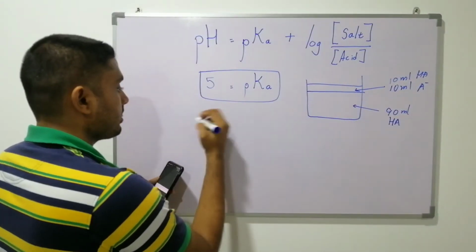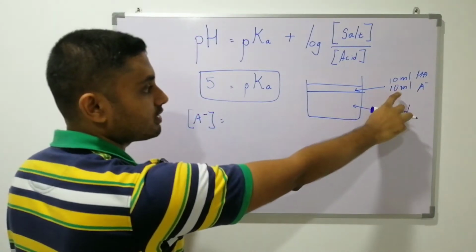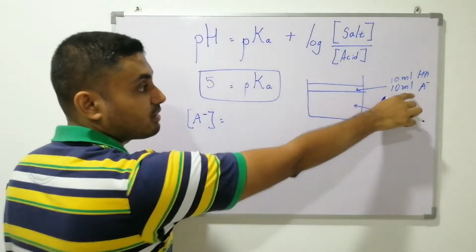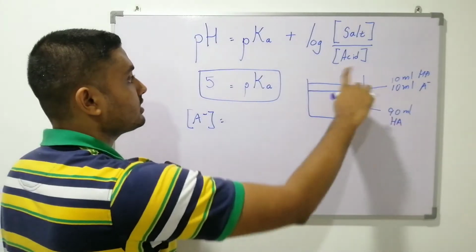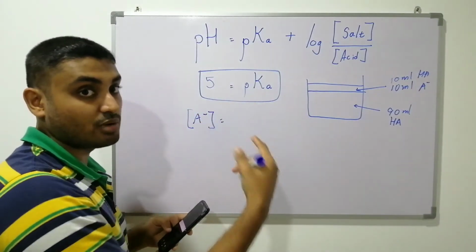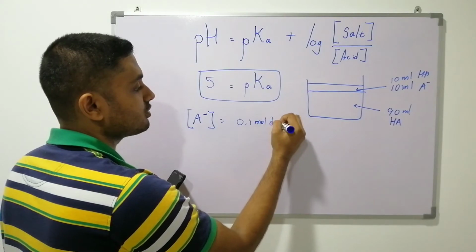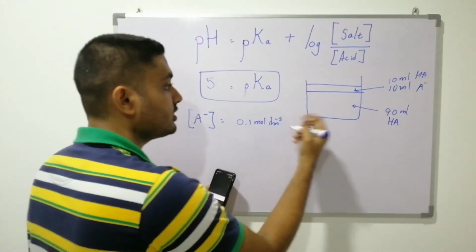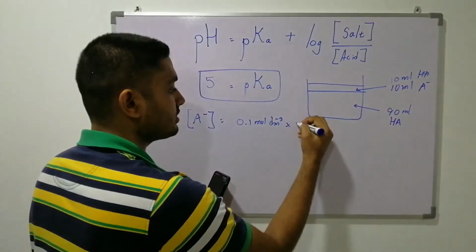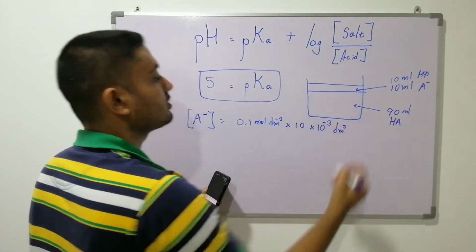Right. So let's write down the A minus concentration. What is the number of moles here? A minus moles. That is 0.1, because in the previous buffer they had 0.1 moles per decimeter cube, right? And we took 10 milliliters of A minus, so that means 10 into 10 to the minus 3 decimeter cube.